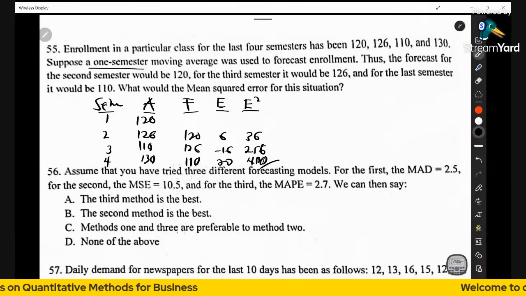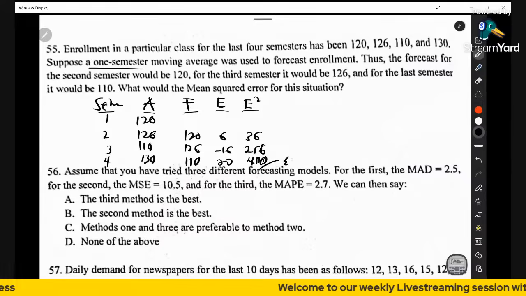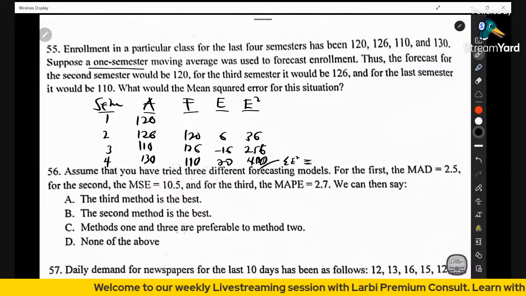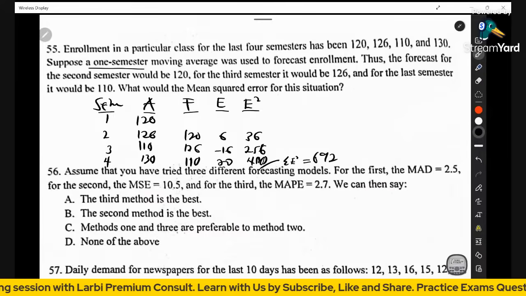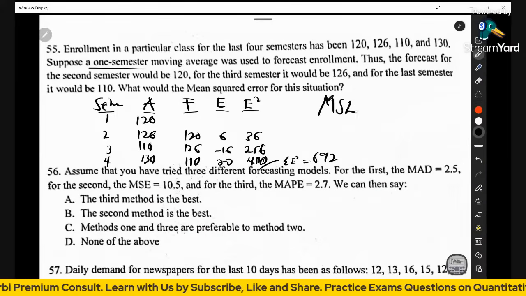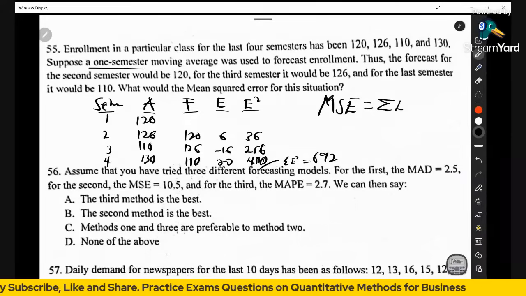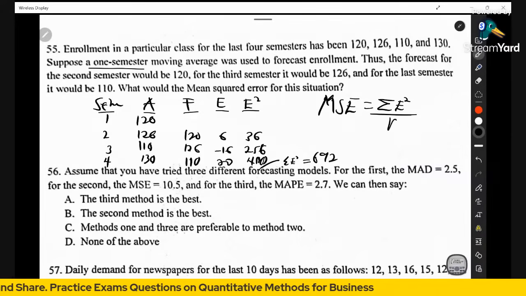So what are we getting? The summation of square errors, when you sum all of them up, should give 692. Therefore, our mean square error should be equal to the summation of the squared errors divided by the number.